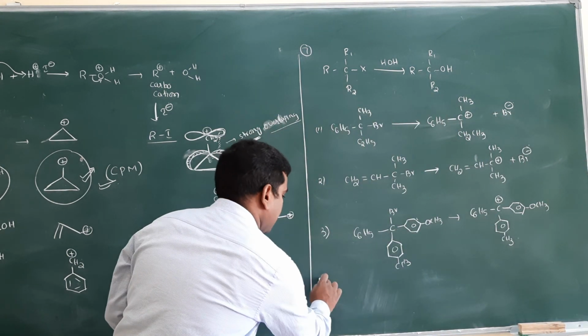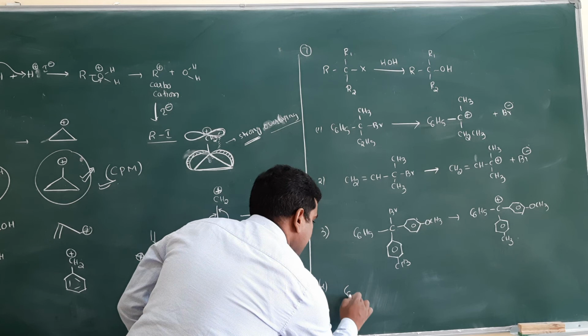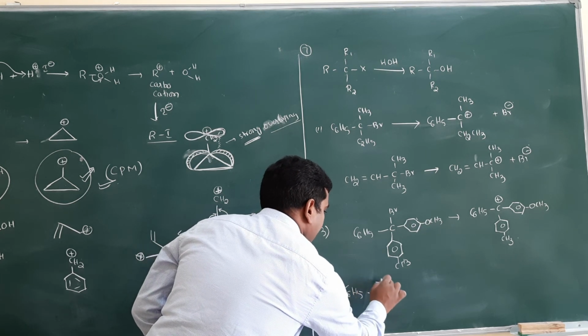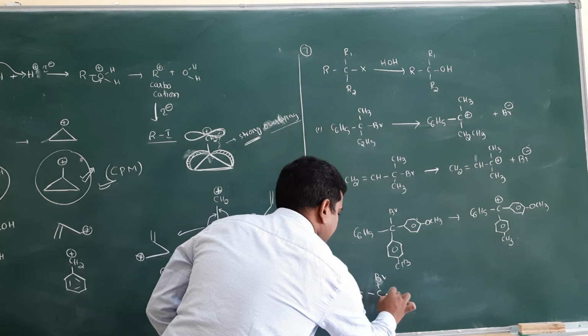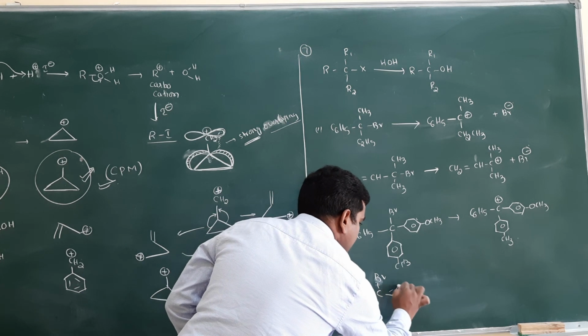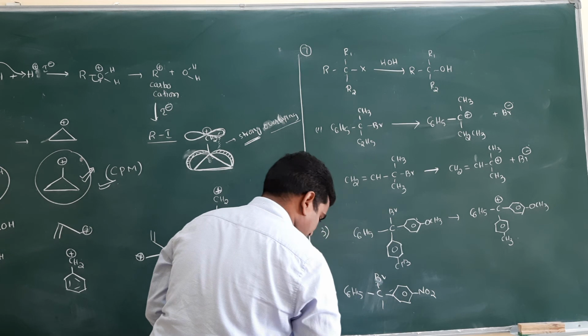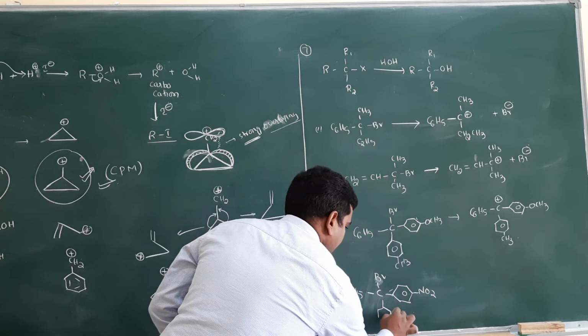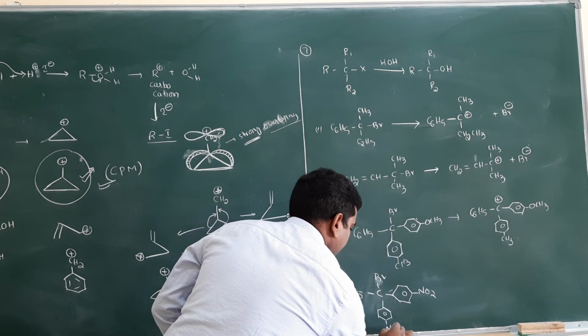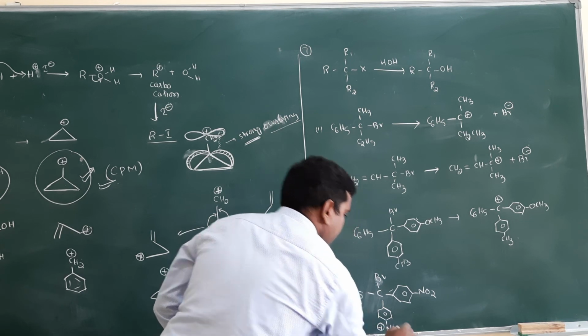Go for the fourth option here. What is the fourth option they have given? They have given C6H5 and here CBr, and here they have given nitrobenzene. On the benzene there will be a NO2 group, and here on the benzene there will be a NH3 plus group. Clear ma?